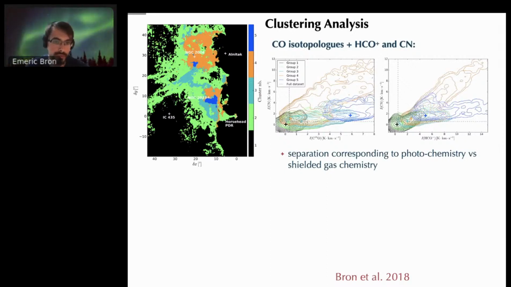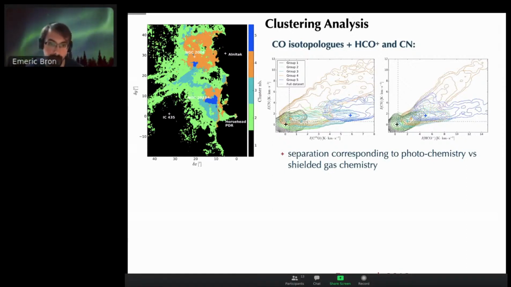If we look at where the orange regions are located on the map, they are located mainly around the two known star-forming regions in this molecular cloud, NGC 2023 and NGC 2024, and on the edge at the right of this image, which is the edge of the cloud illuminated by the Sigma Orionis star, located outside of the field of view here, but which corresponds to well-known PDRs in this region, especially the Horsehead PDR at the head of the Horsehead Nebula.